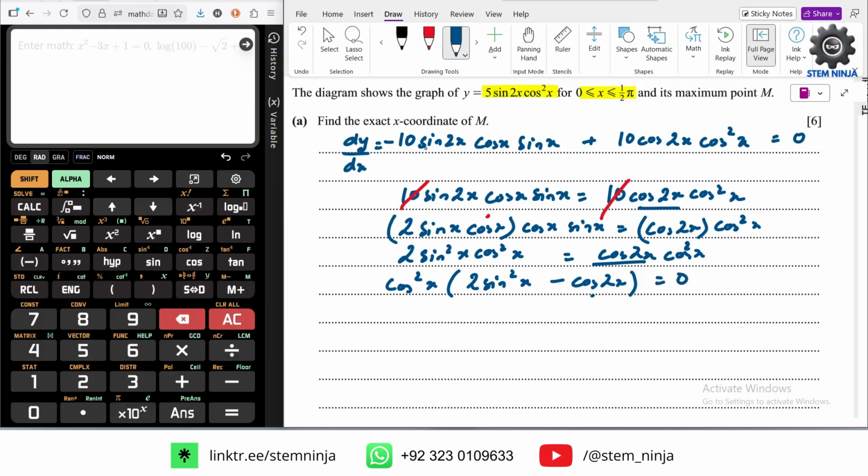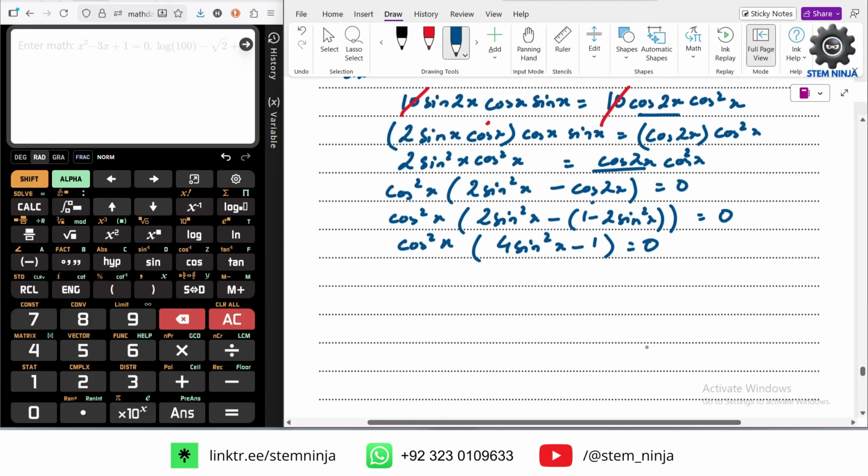If we write cos 2x in terms of sine squared x, this becomes 2 sine squared x minus 1 minus 2 sine squared x equal to 0. So this would become 2 plus 2, 4 sine squared x minus 1 equal to 0.